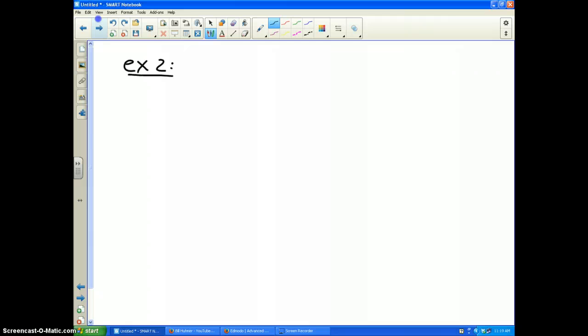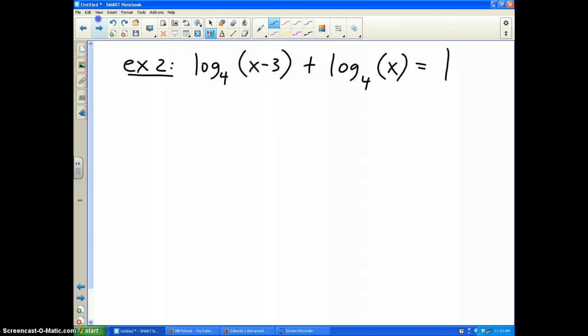Example 2. The log base 4 of x minus 3 plus the log base 4 of x is equal to 1. Here's a situation where I've got 2 logs. Well, this is where your first step is you need to use your properties of logs, and you need to make it a single log.